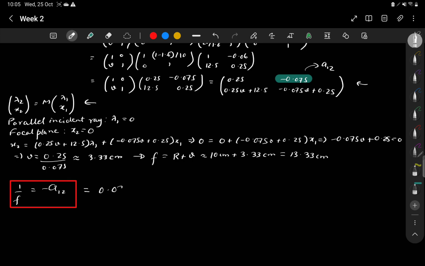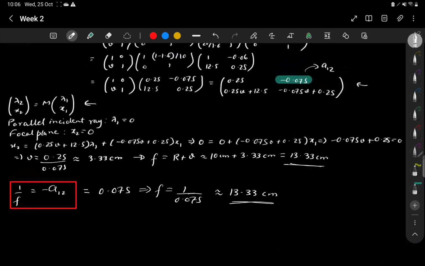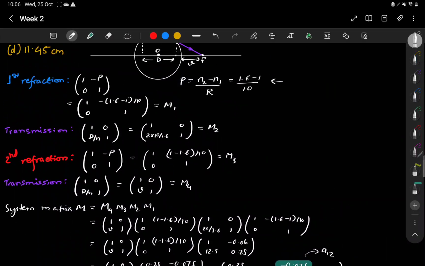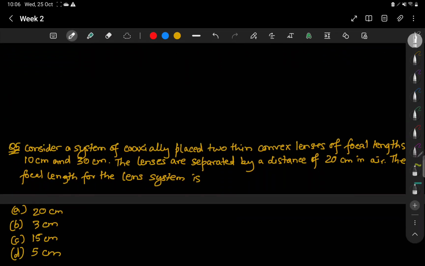So from this we get, from here again we get the same. So this and this both give the same result.